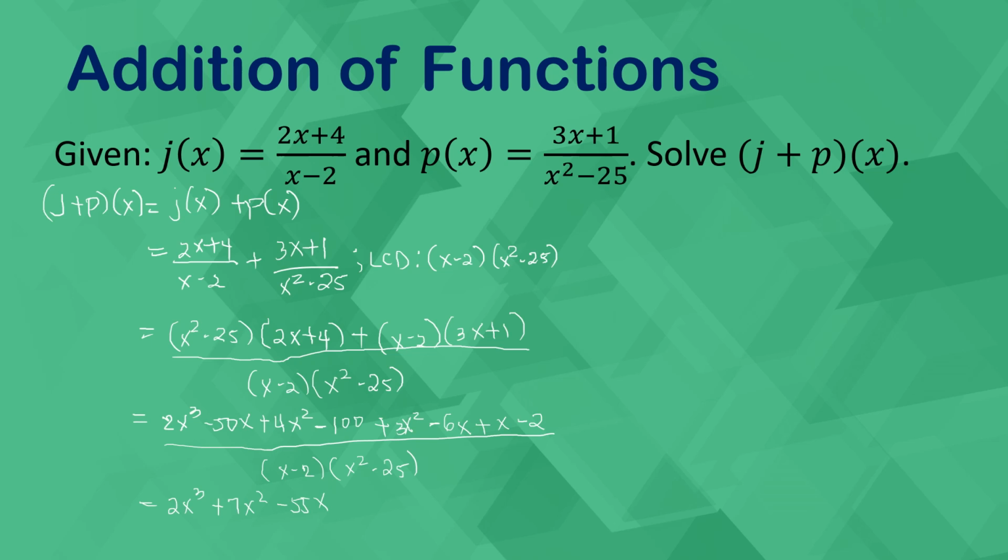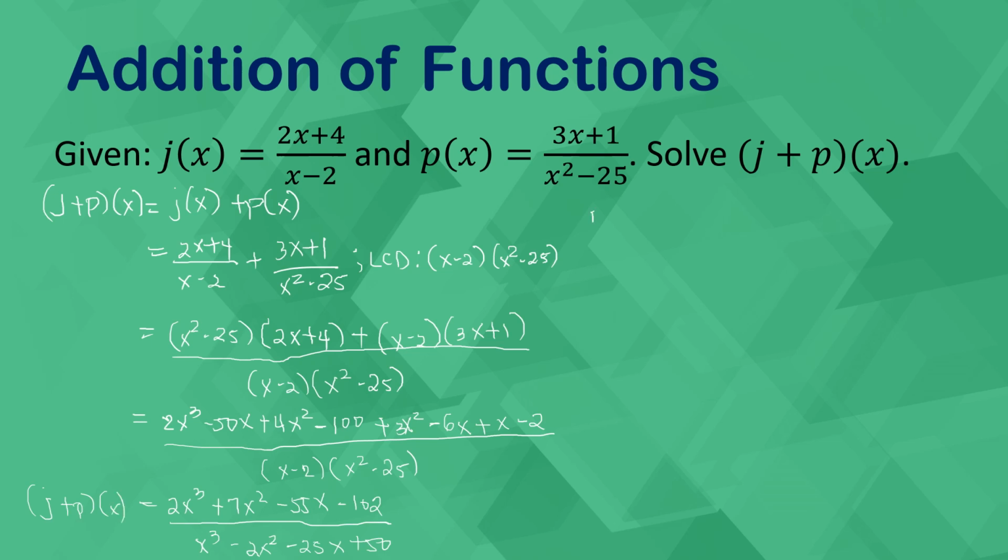Then we have negative 100 minus 2 is negative 102 over, we multiply also the denominator. We have x cubed minus 2x squared minus 25x plus 50. And that is the sum of J and P of x.